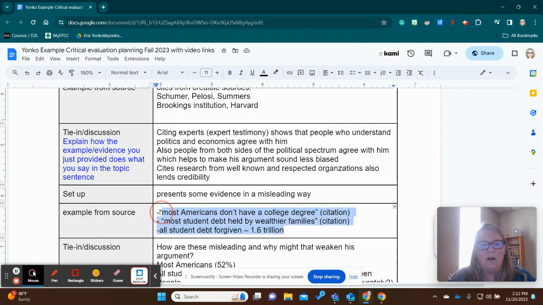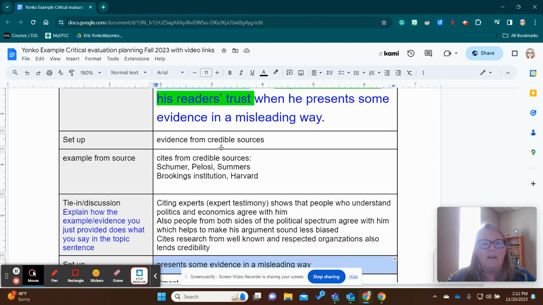Specific, here it is. So the setup is usually something that's doing that, like a general sentence that introduces the specifics. Other things that eventually you might have as part of your setup might be a transition, might be an attributive tag. Those usually come up as you start drafting the paper. So if you can come up with a setup sentence or setup idea, that's great.